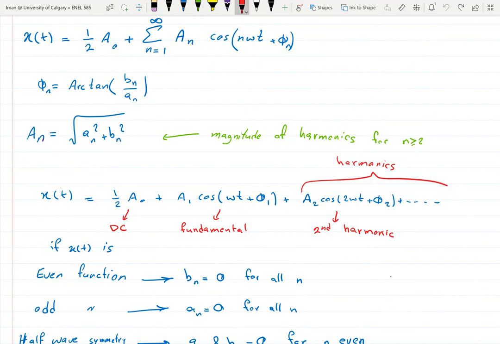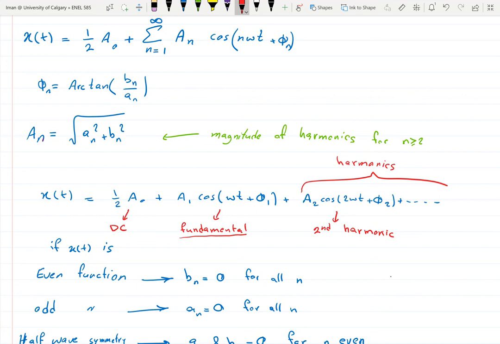This form here, when n equals 1, is called the fundamental component of the signal, or of x of t. And then I have a2 cosine of 2 omega t plus phi 2, then a3 cosine of 3 omega t plus phi 3. You get the idea, to infinity.